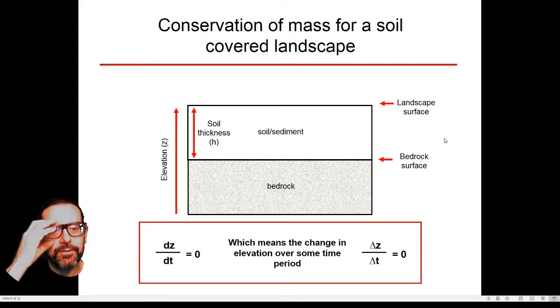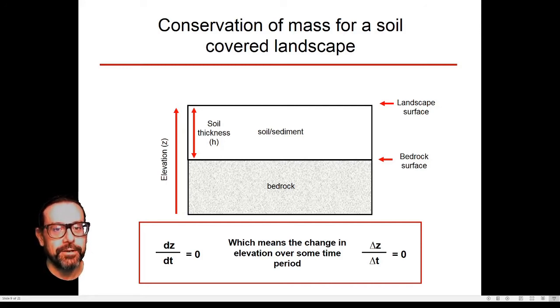So we can write the conservation of mass or mass continuity equation for a soil covered landscape. And in order to do that, what we do is we set up very simple conditions, and we can then write the fundamental equations, making them more complicated as we move along through the derivation.